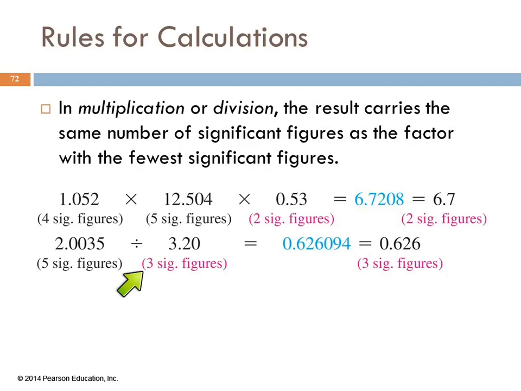So then this 3 is smaller than 5, so we're going to round our answer to 3 significant figures. So 0.626, the next digit is a 0, so we chop it off. You don't look at the 9, you don't start at the far right end and round up and down all the way through. You just look at the first digit that you're chopping off.